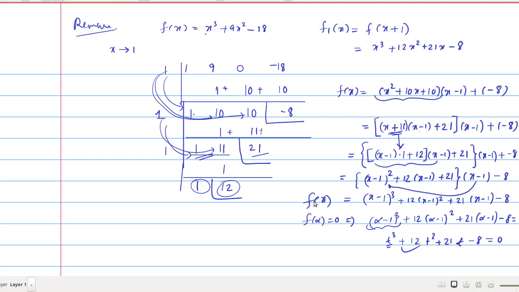So when you write this f of x in this manner, you can say that if you replace this x minus 1 by some t or another x, capital X, then you can get a new equation whose root is obtained by diminishing the root of the original equation by 1. Okay, so in order to write this polynomial, we need to collect these numbers 1, 12, 21, minus 8.